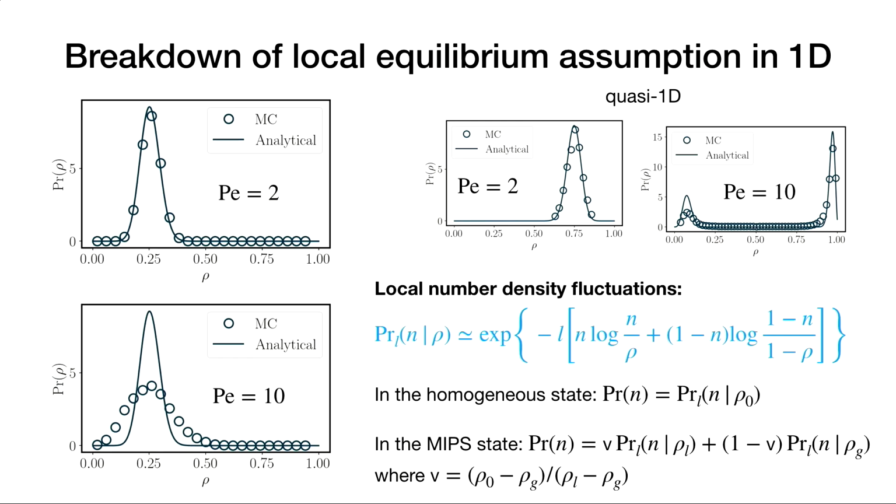But if you take a high Peclet number, you see that the density profile from the microscopic simulation and whatever your theory gives differ very much, as opposed to the quasi one dimension, where it explains extremely well. There is a little bit of discrepancy here, but this is because it is a finite size system, and you assume that your MIPS is a clean MIPS, but then you have a boundary, and in the boundary, if you don't take care of it, this happens.